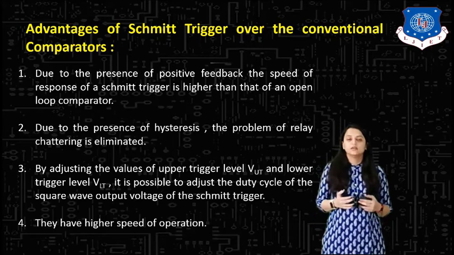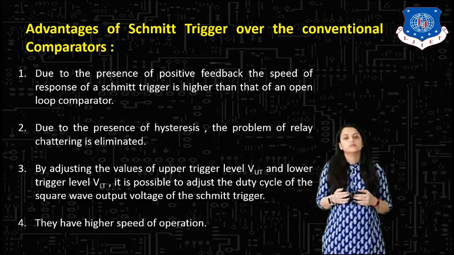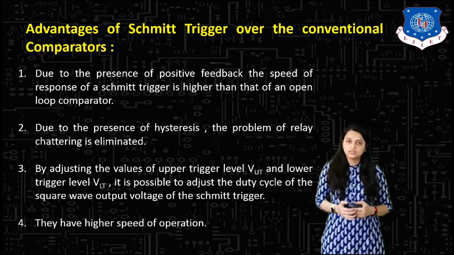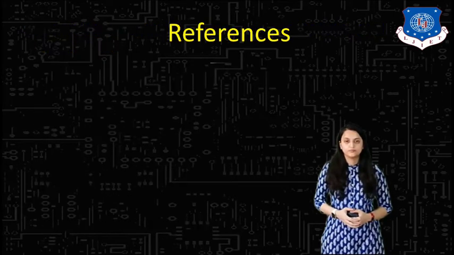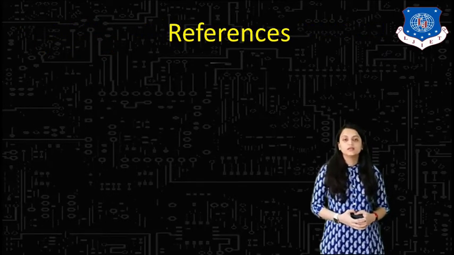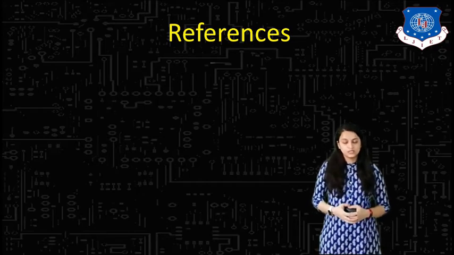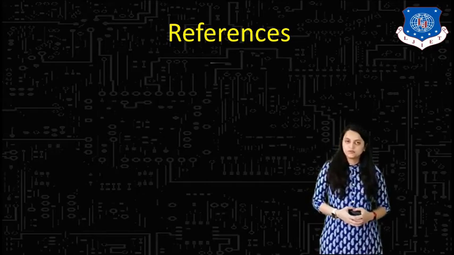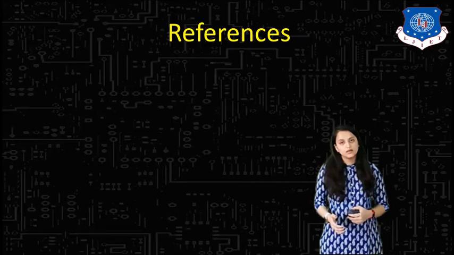Remember that in the Schmitt trigger, positive or regenerative feedback is used. I hope that the Schmitt trigger concept is clear to you now. There are 2 types of Schmitt trigger: inverting and non-inverting.